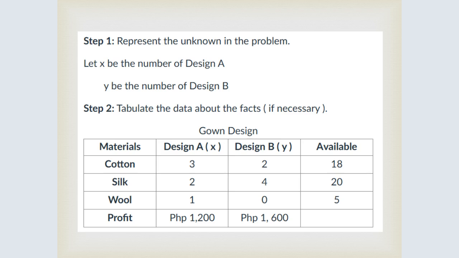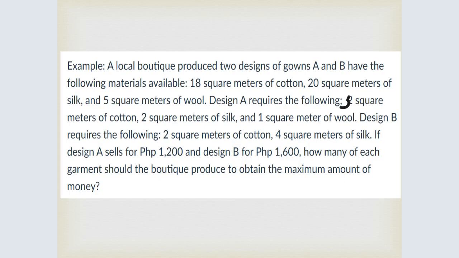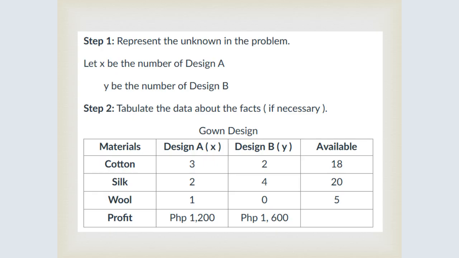Okay, for the first one, it requires the following: 3 square meters of cotton, 2 square meters of silk, and 1 square meter of wool. That's why we have here 3, 2, 1.